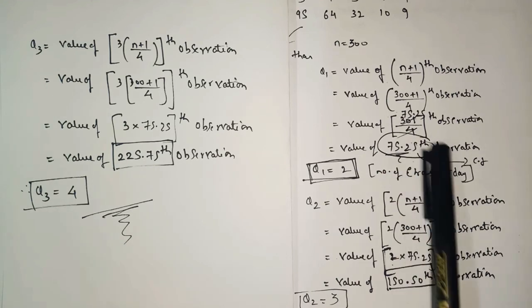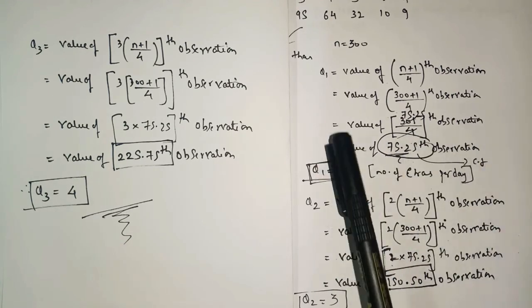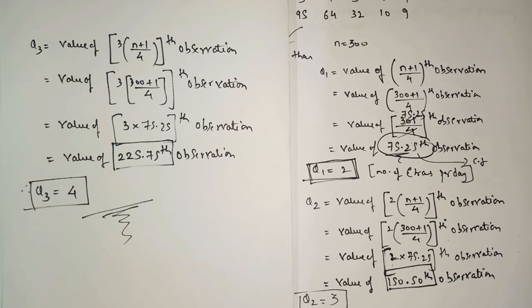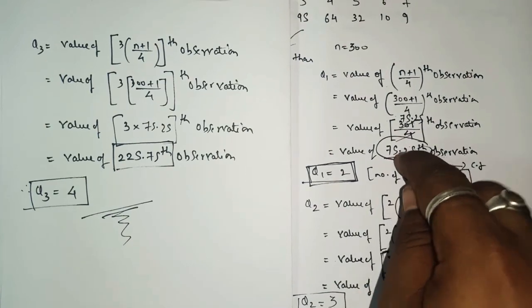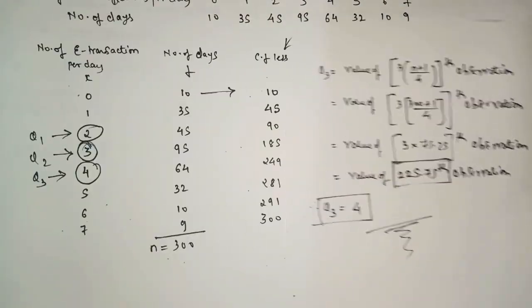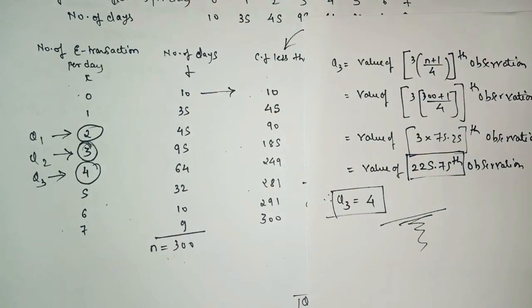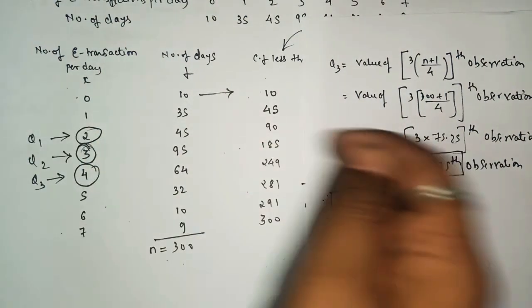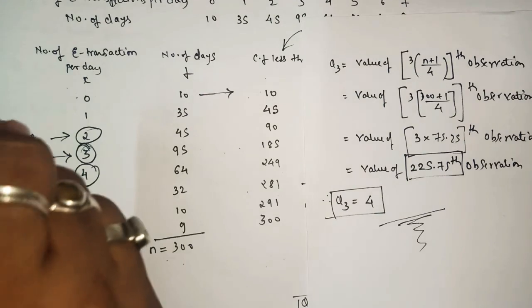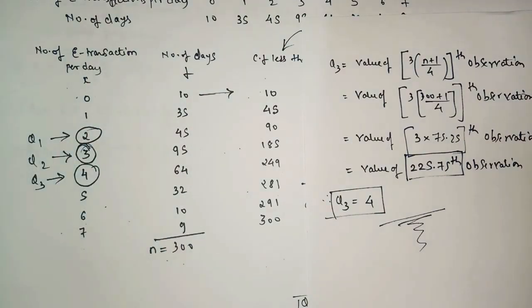There we used to break this number and frame one formula, and then substitute the value. Here we don't have to do that. Simply you have to check where this answer lies in the cumulative frequency, and in that row, the first column will be your answer.